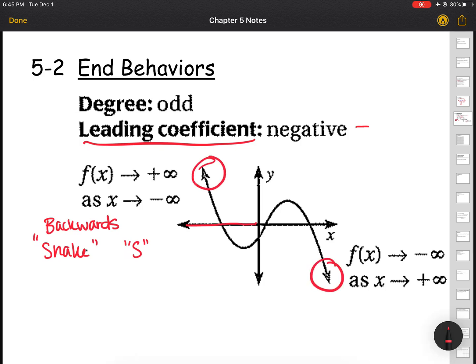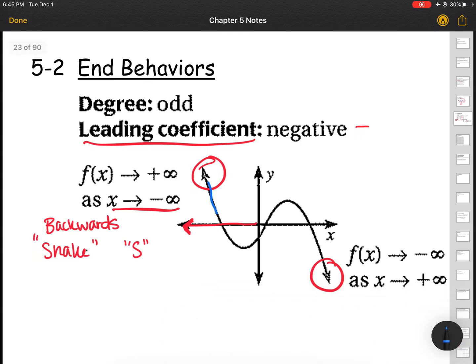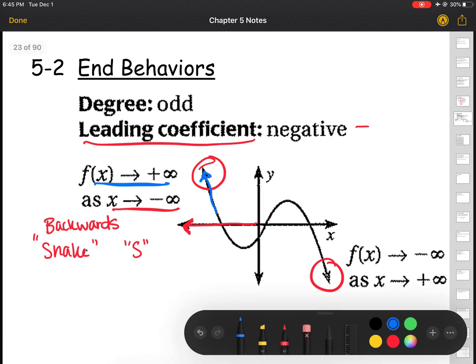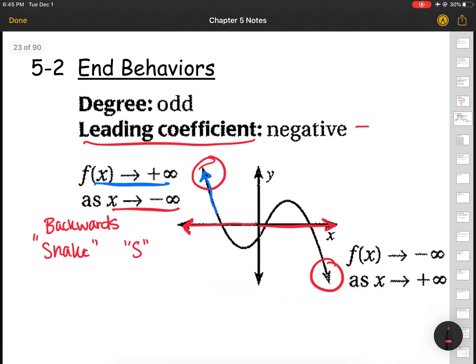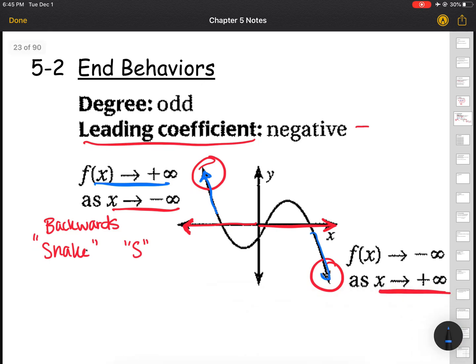As x goes negatively forever and ever, infinity in this direction, my graph is going up forever and ever, infinity. Then as x gets positive forever and ever, infinity wise, my graph is going to go down. So it's the flip-flop, down forever and ever, infinity. So there's the odd degrees.